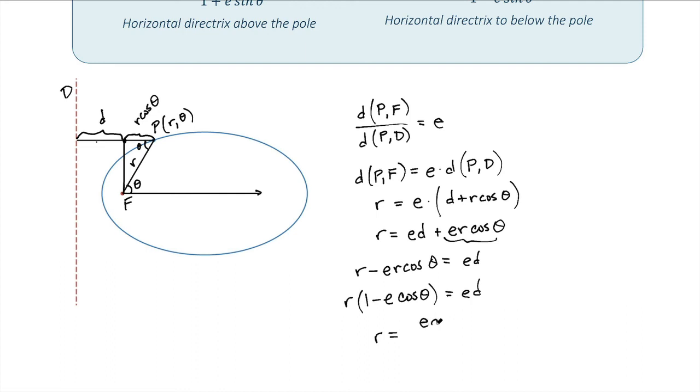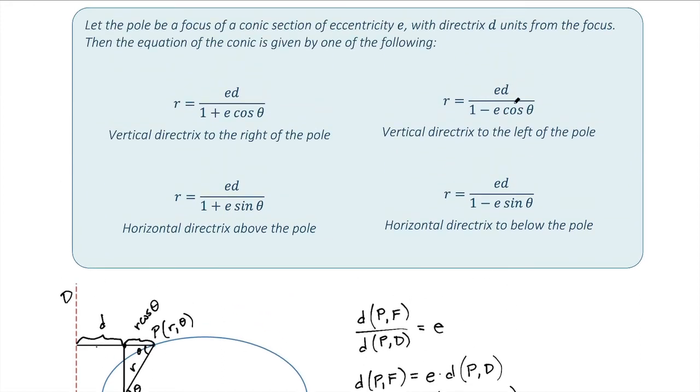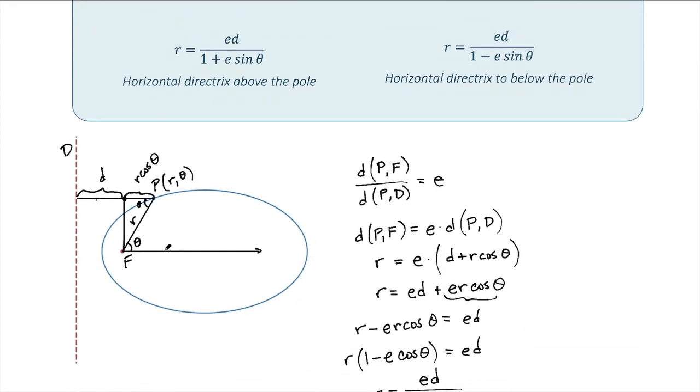So we get r equals E times D over 1 minus E cosine of theta. You can see that that is the equation. The way that I've drawn this here, I've got a vertical directrix that is to the left of the focus, which is the pole, and that is precisely this right here. And that's our equation. So the other three are derived similarly, drawing a picture just like this, but placing the directrix on either side, vertically or horizontally.